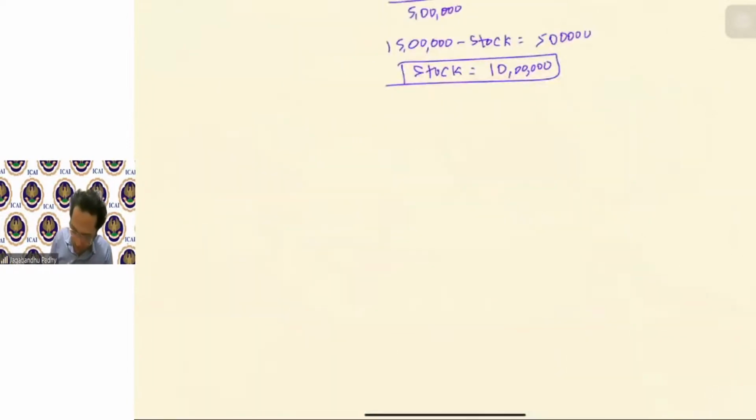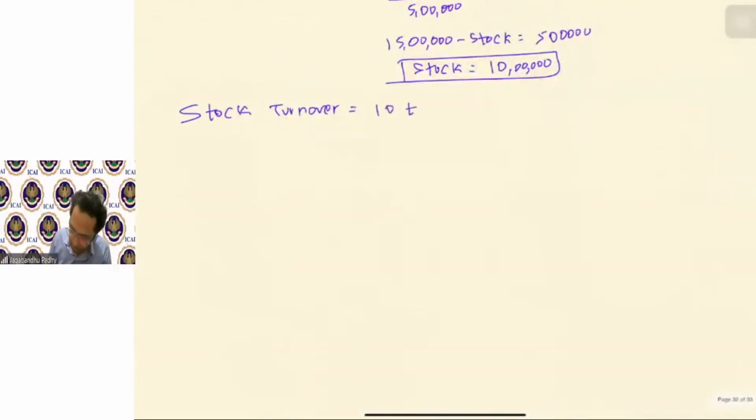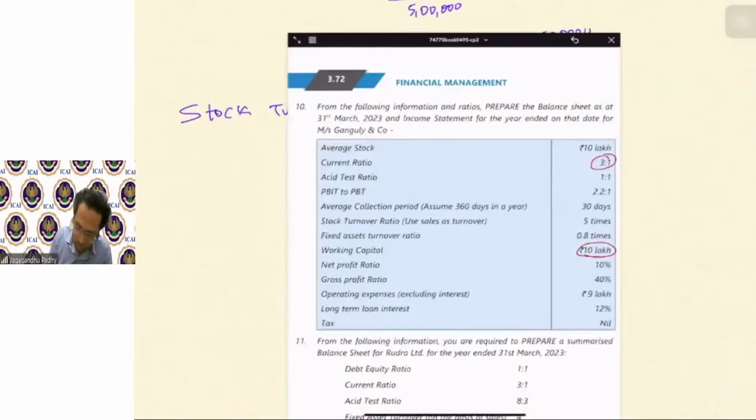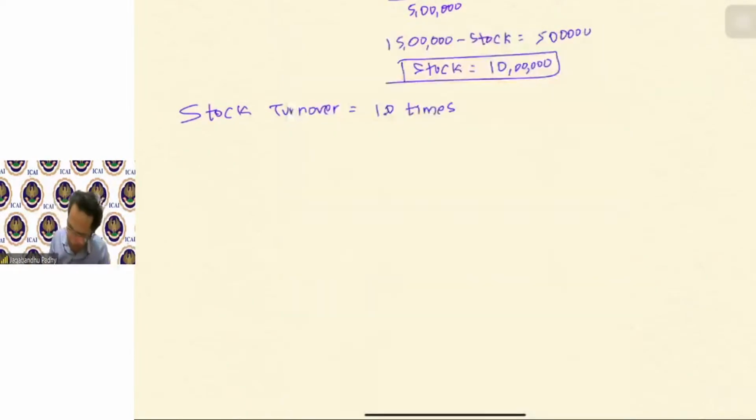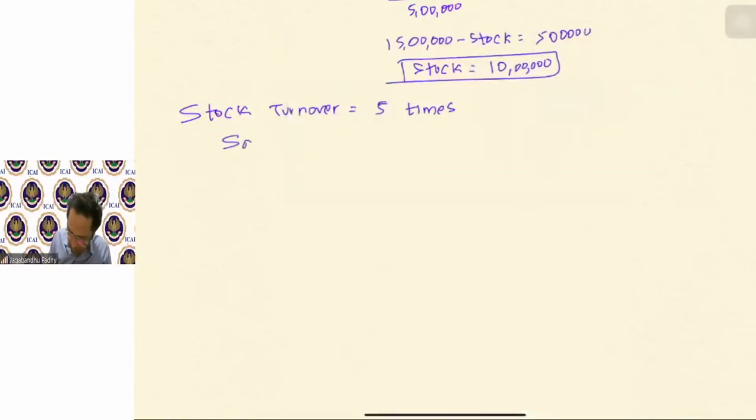So let us say stock turnover ratio is 5 times, my bad. And how do we get the stock turnover? We get the stock turnover value as sales upon average stock as 5.